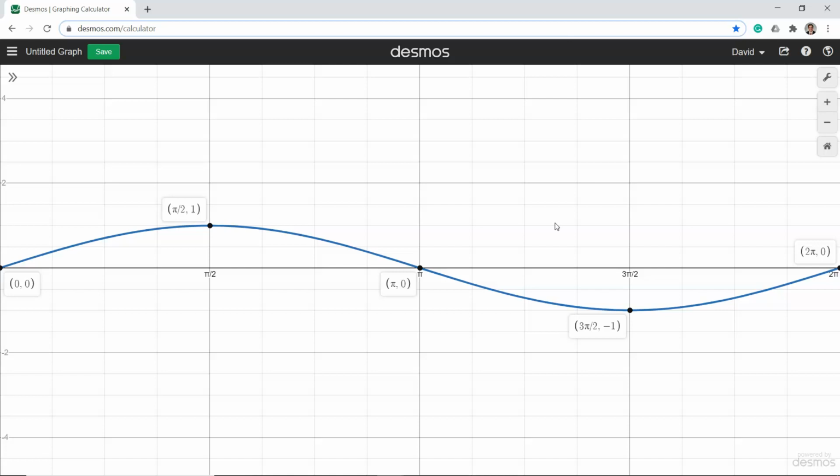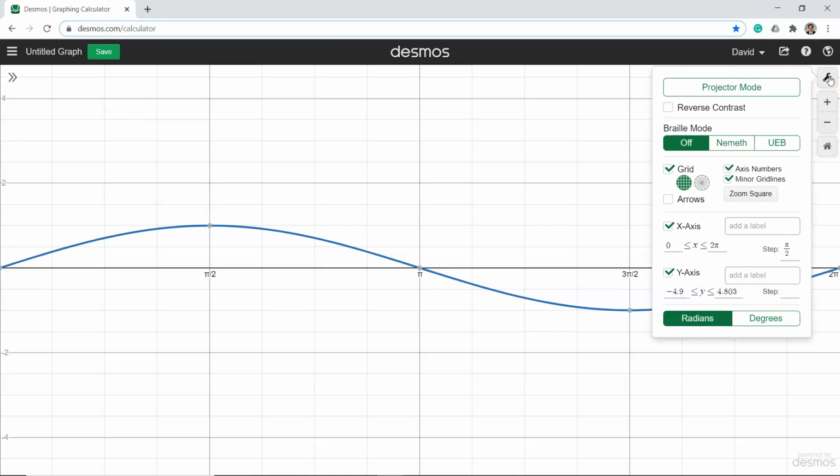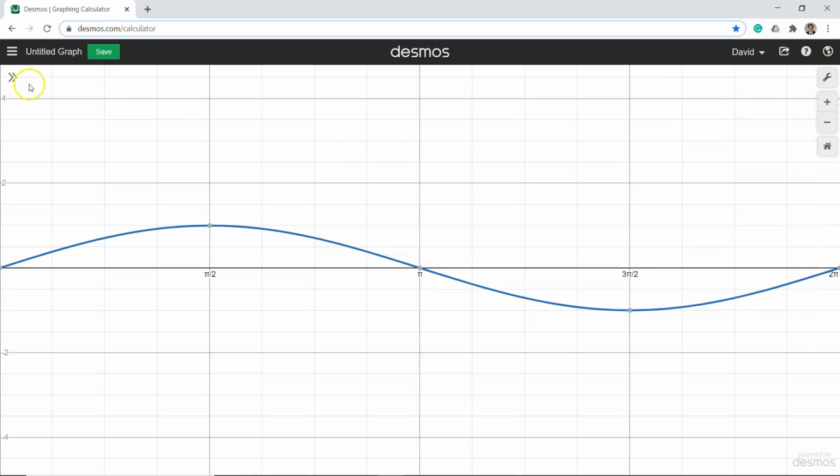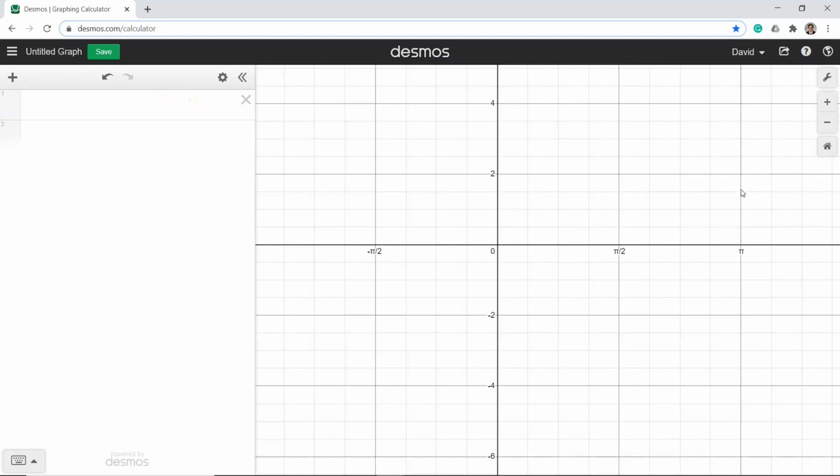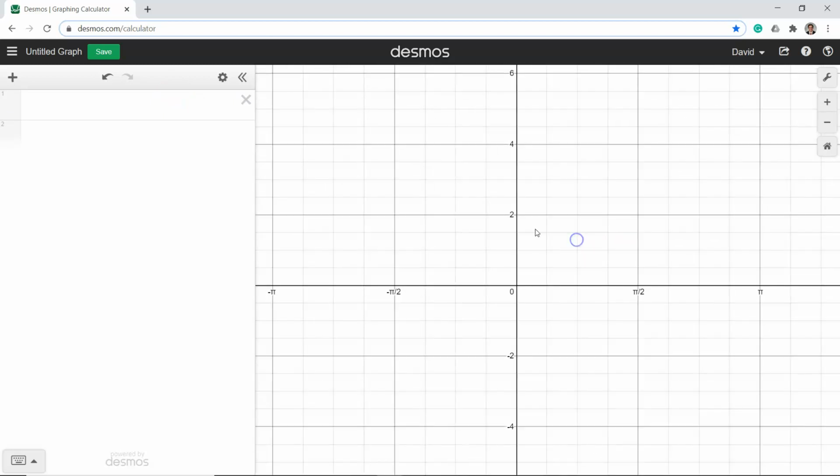Okay, so now that we've got those basics down, pretty sure that's everything. Let's talk about the newer homeworks when you're dealing with sine and cosine that are multiplied by numbers.